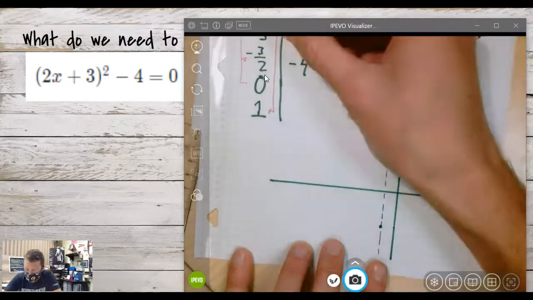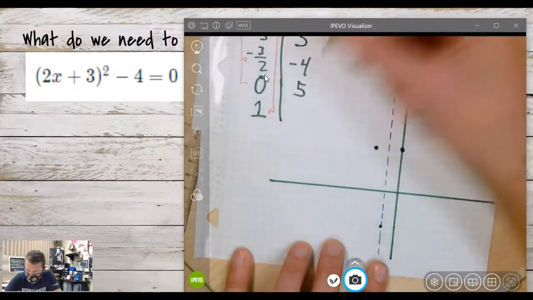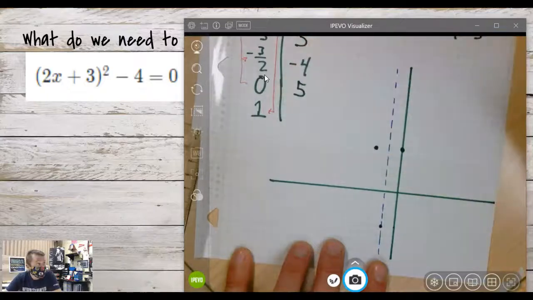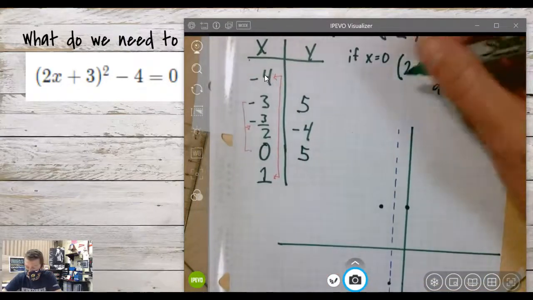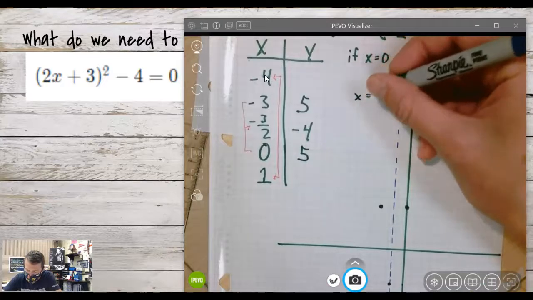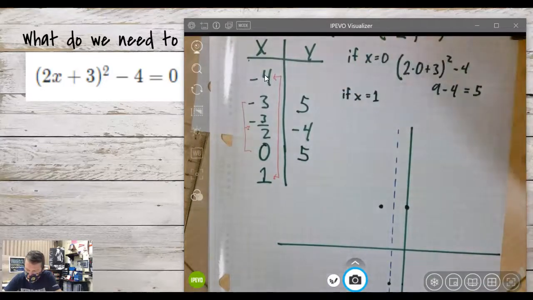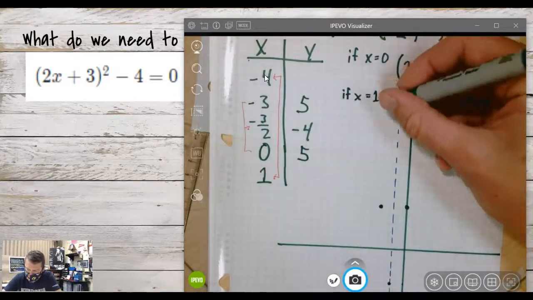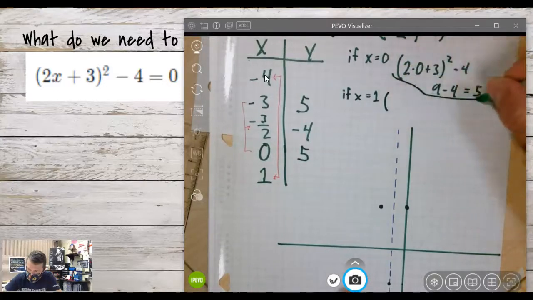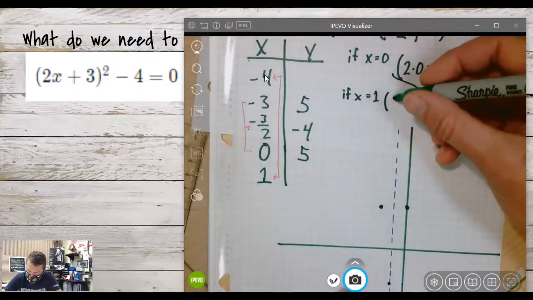Let's try +1. Right, +1 is still pretty easy to work with. So if x equals 1, then 2 times 1 would be 2.